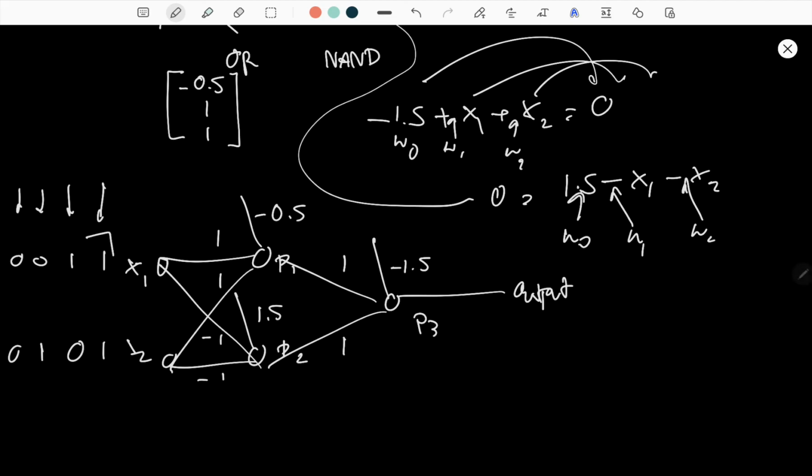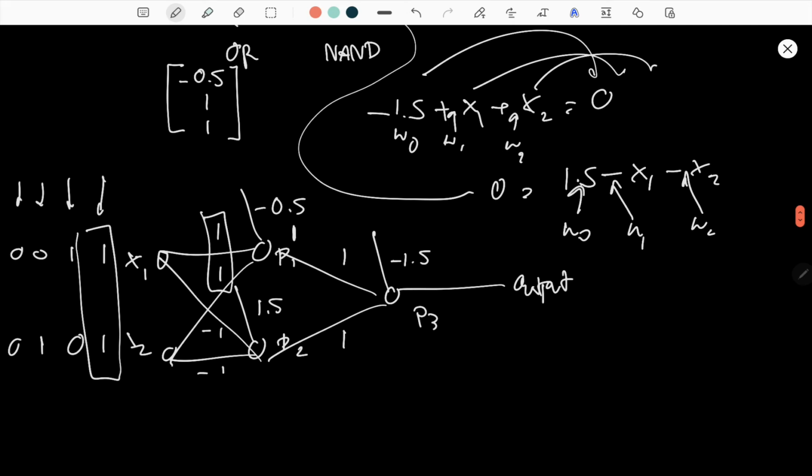Like if you put 1 and 1 here, so 1 and 1 times here will be 2, and 2 minus 0.5 is greater than 0, so this one is positive, so output is 1, right? And if you put it here, it will be minus 1 and minus 1, so it is minus 2 plus 1.5 is minus 0.5, so it will be negative here. Okay, so the output is negative.